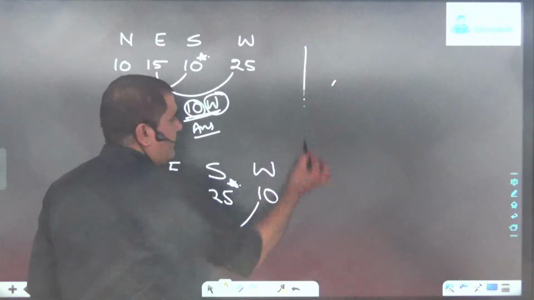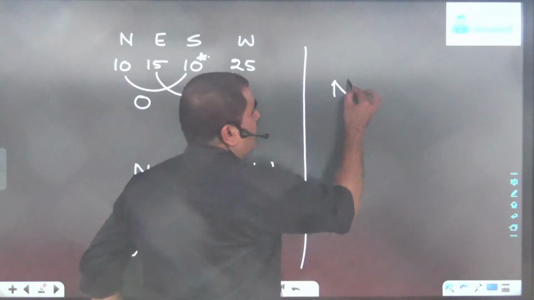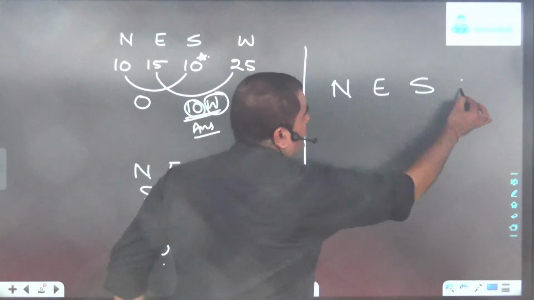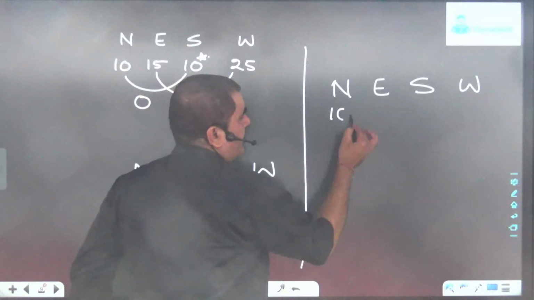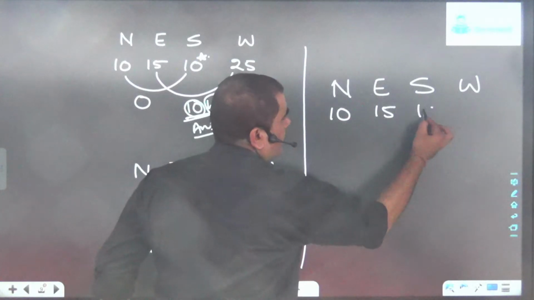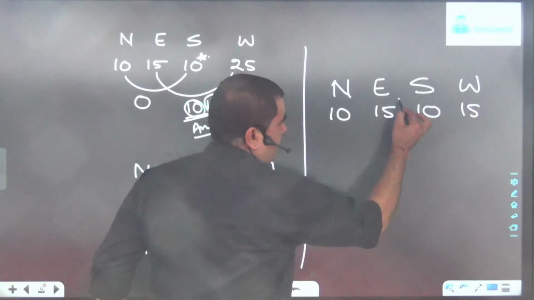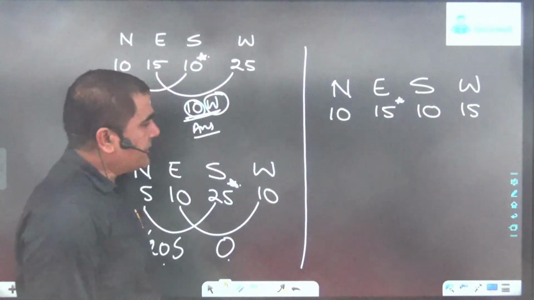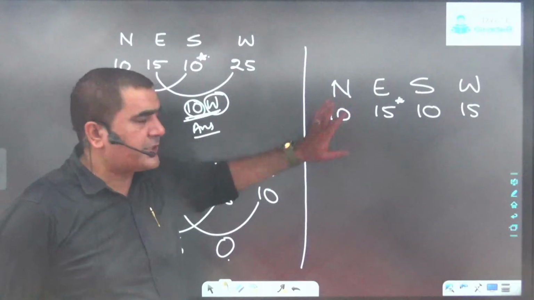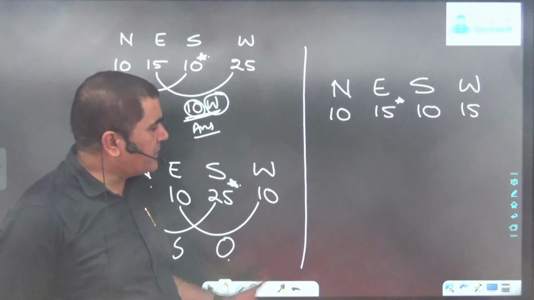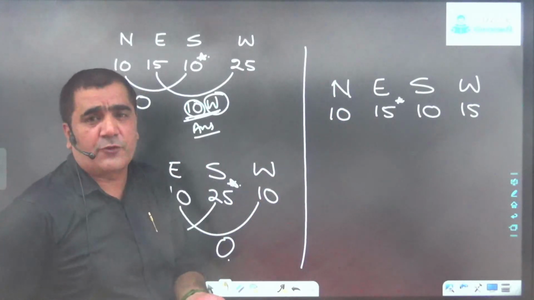Now let's see example number 3. Suppose they have given NESW. After putting the numbers, it comes out to be 10, 15, 10, 15. The star is over here. The star means the person must be facing in the east direction. Now suppose they ask how far he is from the starting point.